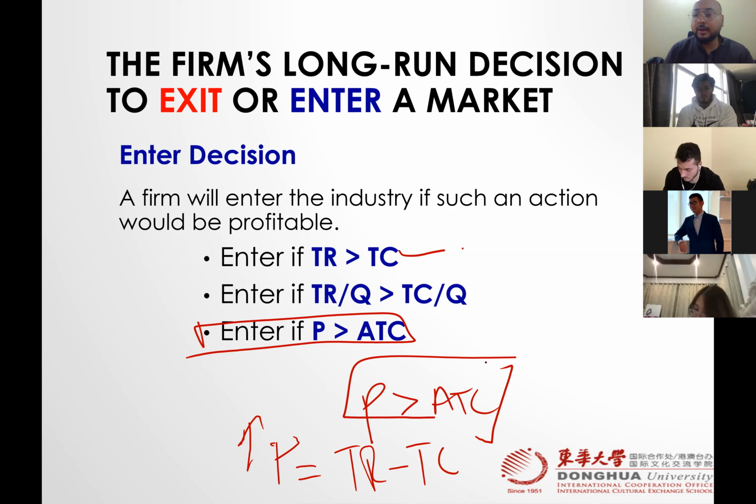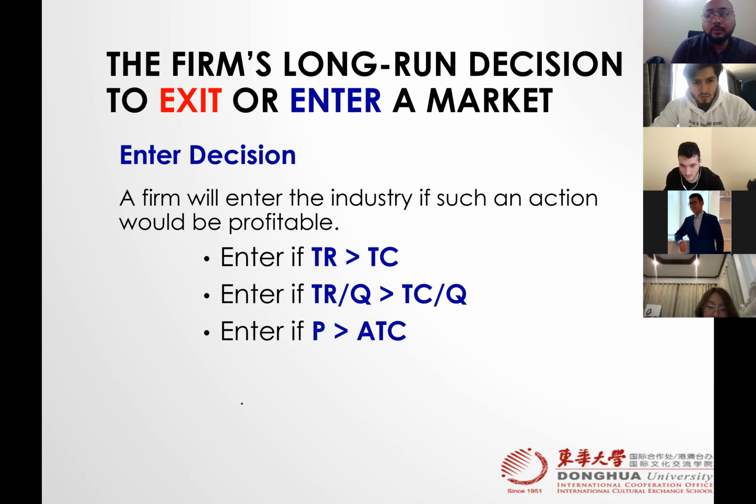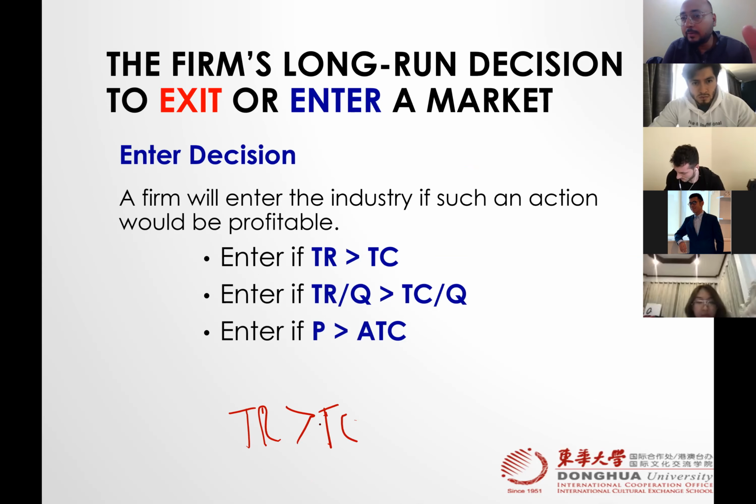If price is greater than average total cost, it means we are having profit, right? So where did this condition come from? You just divide this by Q. We know that if total revenue is greater than total cost, we would be having a profit.